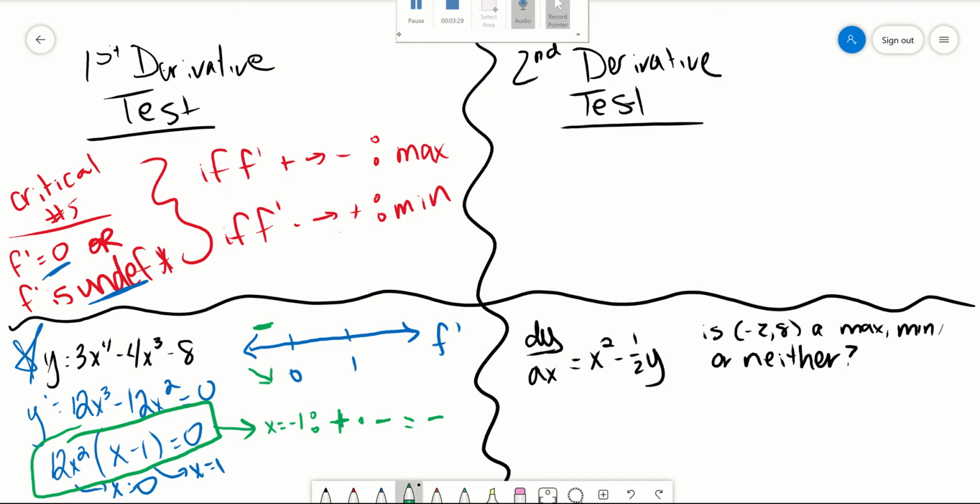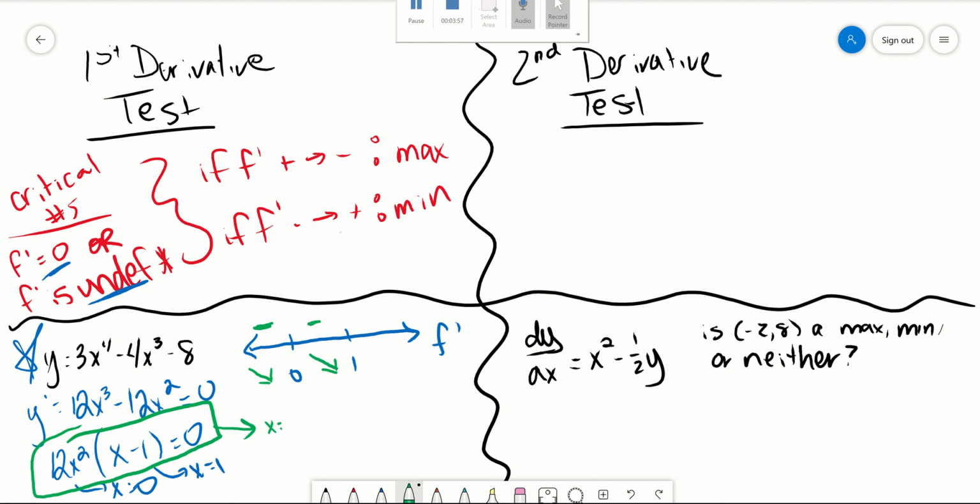If you plug in 1/2, again, 12x squared is always going to be positive. And then x minus 1 is going to come out negative, so that is still negative. So that still is decreasing.